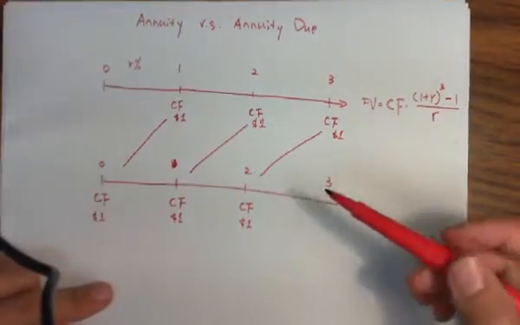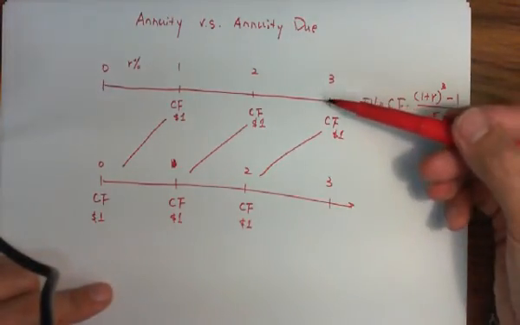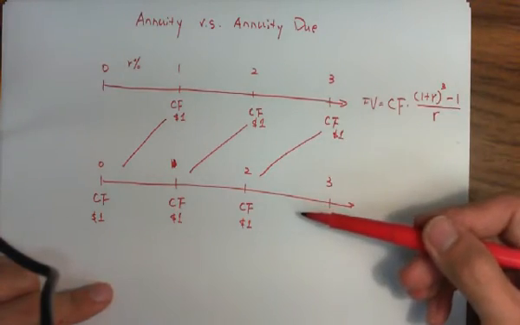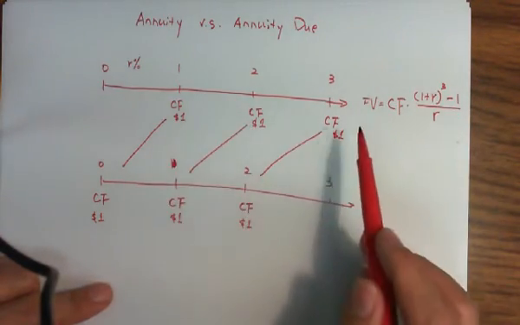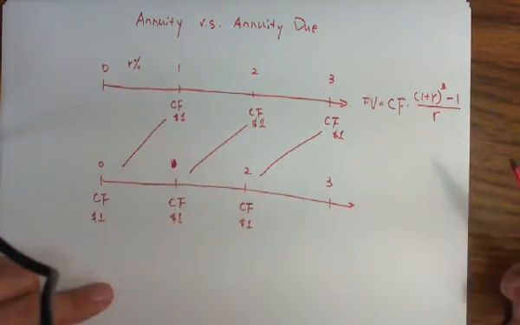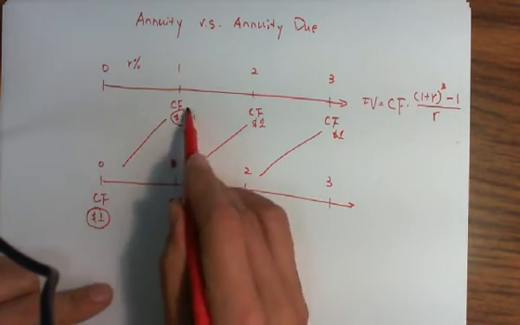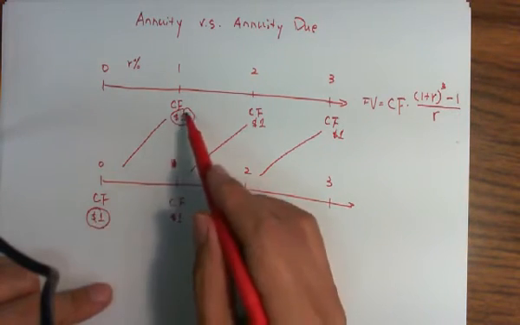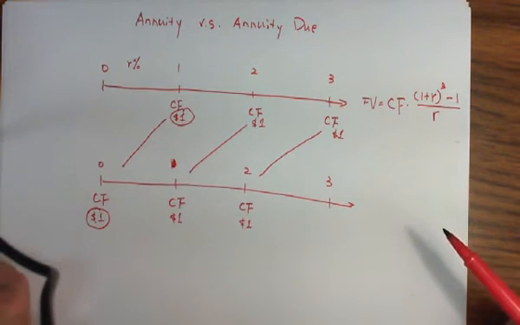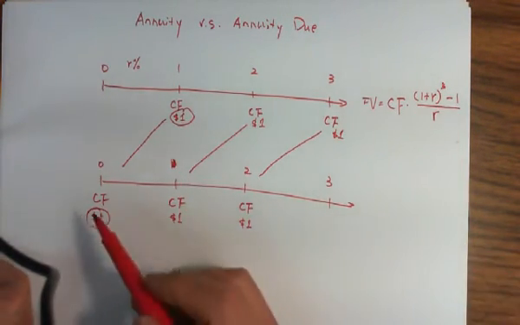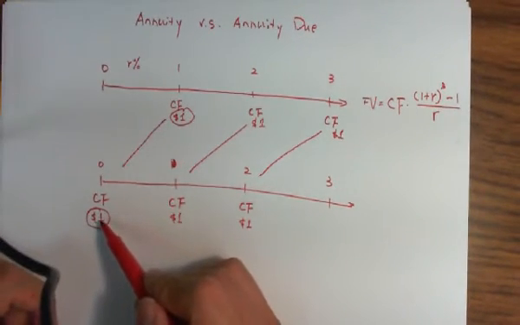Now the only difference between ordinary annuity and annuity due is that all 3 $1 bills are shifted forward by 1 period. So let's compare the corresponding cash flows. For example, this $1 and this $1. What's the difference? This is today's dollar.